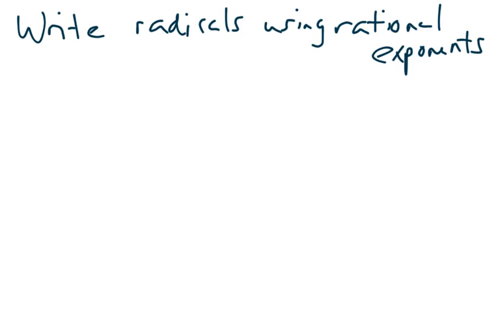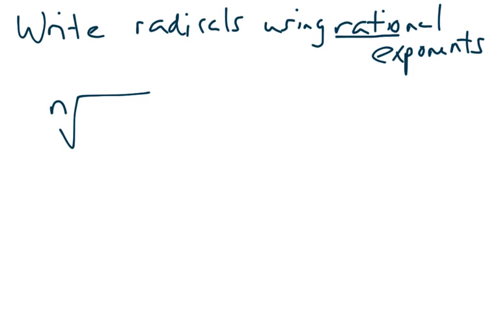Whenever you see the word rational, it starts off with ratio. If you remember back to 6th, 7th, 8th grade math, pre-algebra, we usually write ratios with fractions. So anytime you see the word rational, really what that means is fractions. So we're writing radicals, the square root symbol, or cube root, or fourth root, using a ratio or a fraction. Here's how we do it.